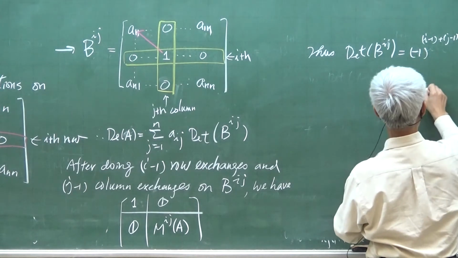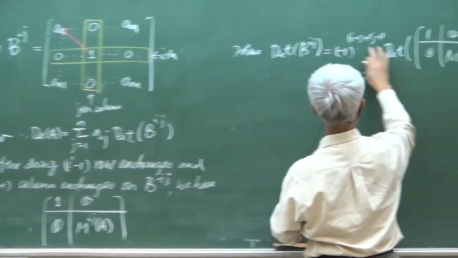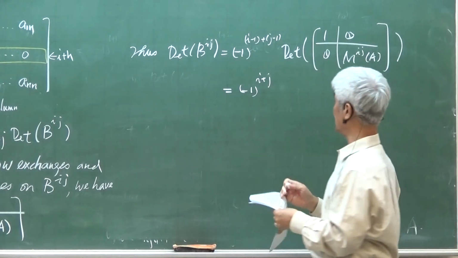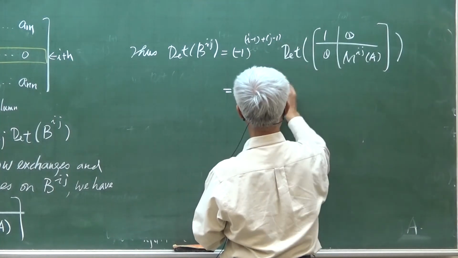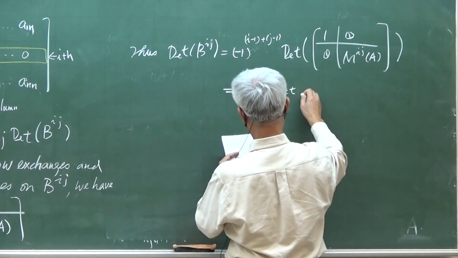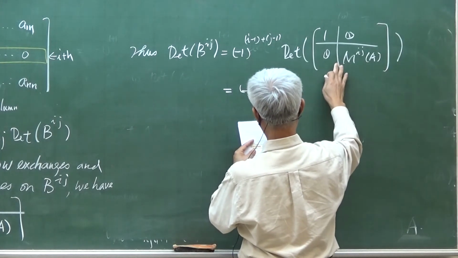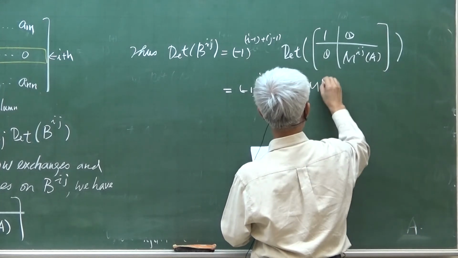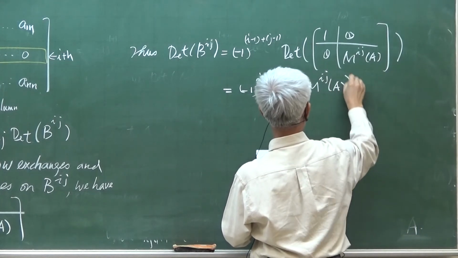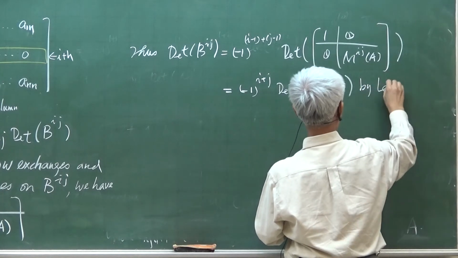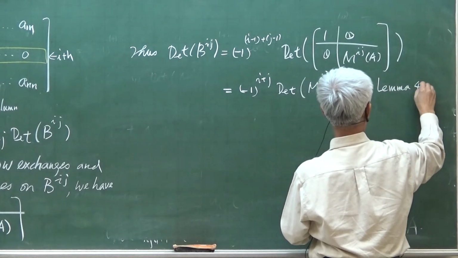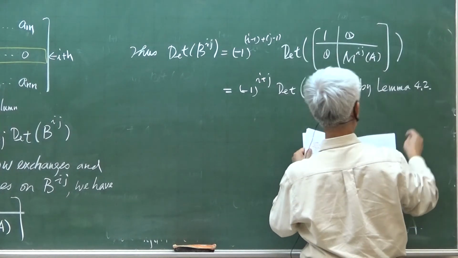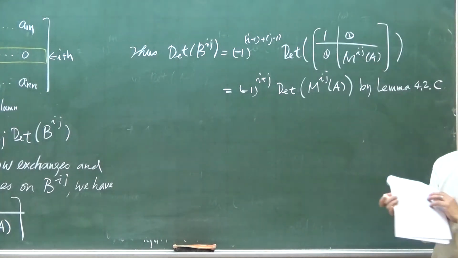And this is (-1)^(i+j), because minus 2 is 1. Okay, so you can just take the determinant. And by our lemma, this is the determinant of Mij(A). By lemma, we just put it in. Okay, so we mark.